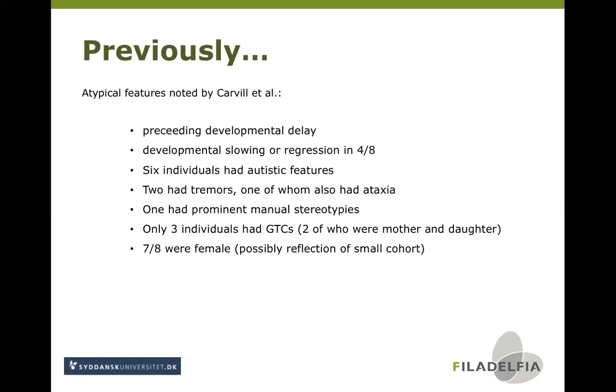One of them also had an ataxic phenotype, and one had hand stereotypies. So they showed some of the things that were also seen in the GAT1 deficient mouse. Only 3 of the individuals had generalized tonic-clonic seizures, so this seemed to be quite rare. And they found that 7 out of 8 were female, but it was a small cohort, so they thought that it was probably a reflection of that and not a real gender issue.